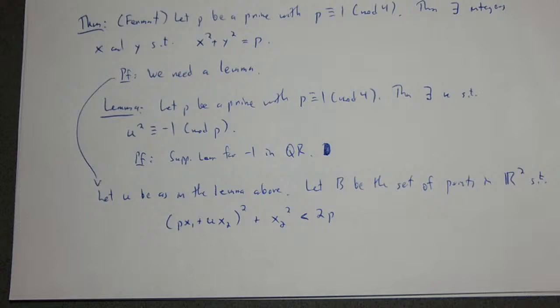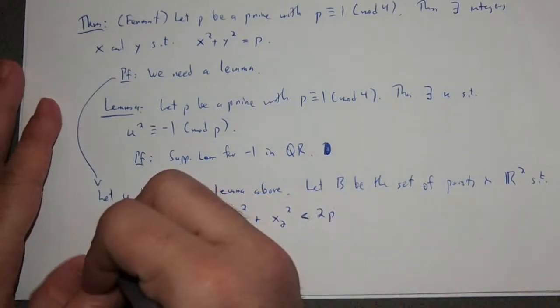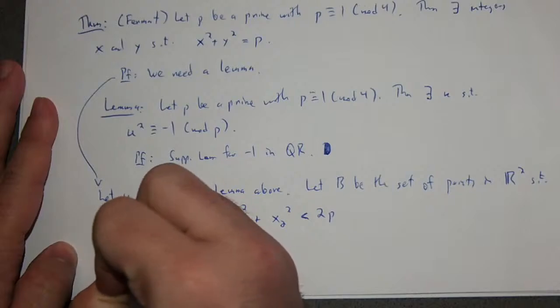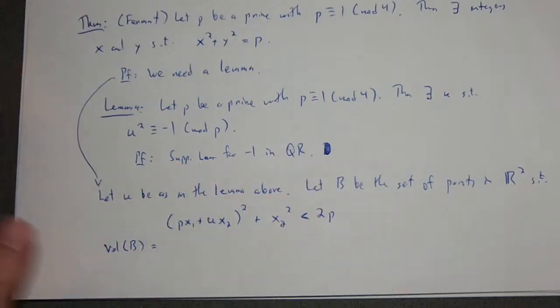So now I have a region B defined as the interior of an ellipse. The volume of B, it turns out, using this fact about how a transformation affects the volume of a region in terms of the determinant of the transformation, if we're talking about a matrix transformation.